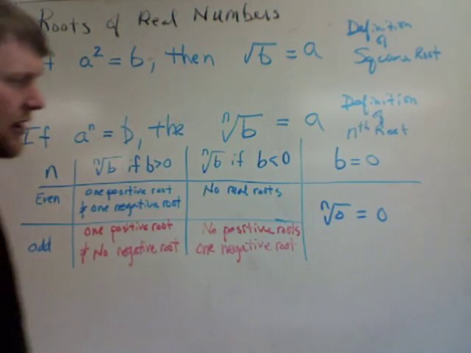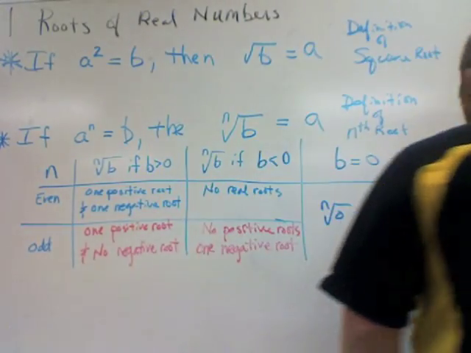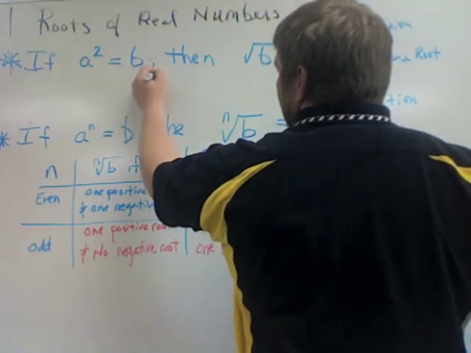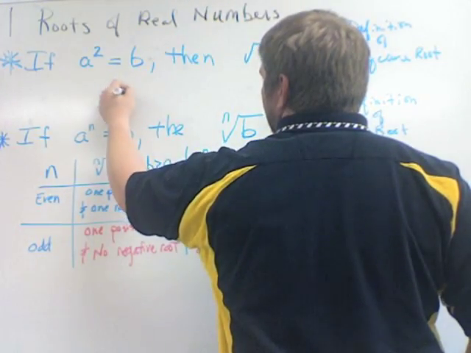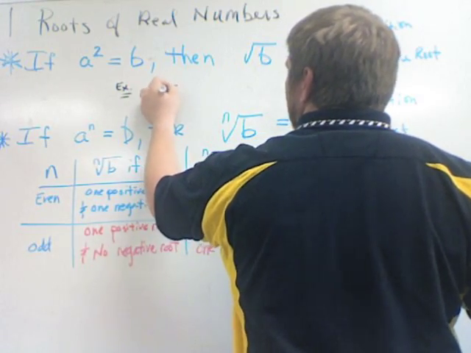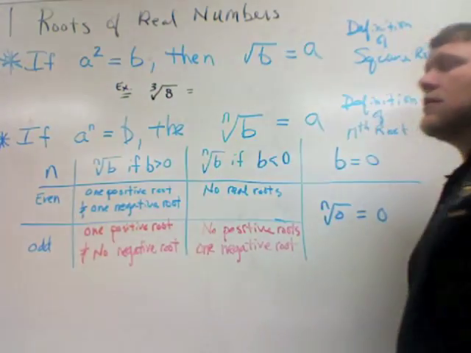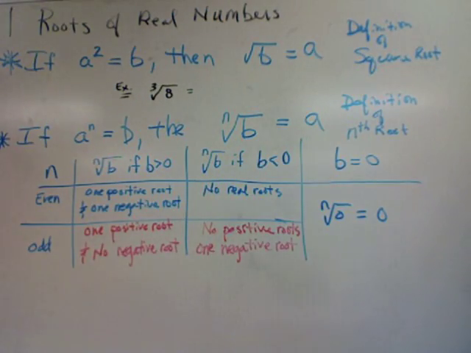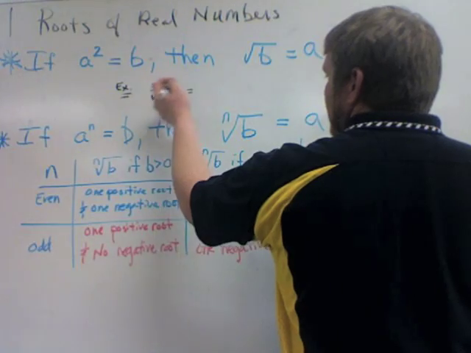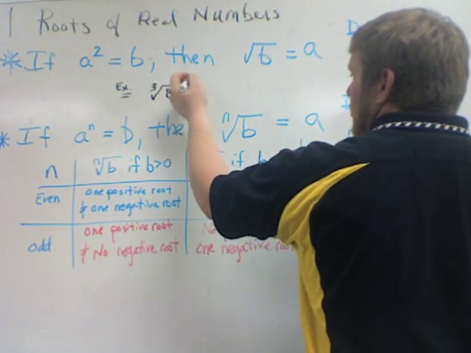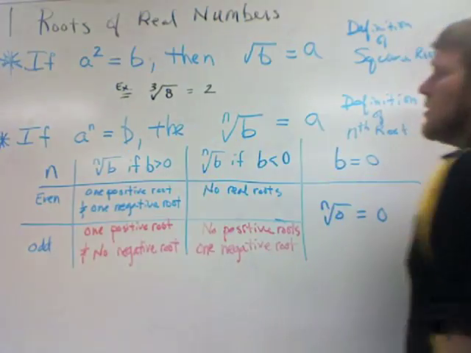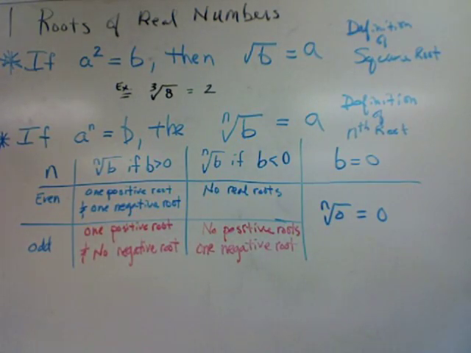Just some generic examples. What would be the cube root of 8? It'd be 2, because 8 is equal to 2 cubed, and then you cube root it, you just get 2. So that's the idea of the nth root.